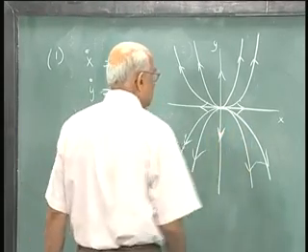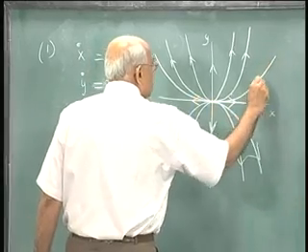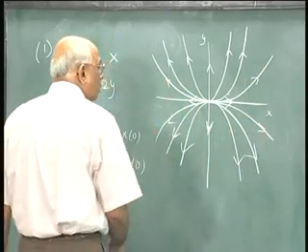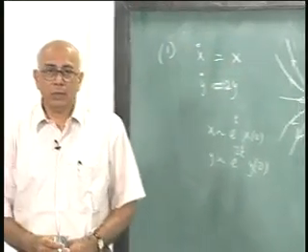Except for this point. So the entire neighbourhood has this set of trajectories moving out, and these two like this. So it is as if wherever you are you have a common tangent, the x axis, and there is one exceptional direction, the y axis.